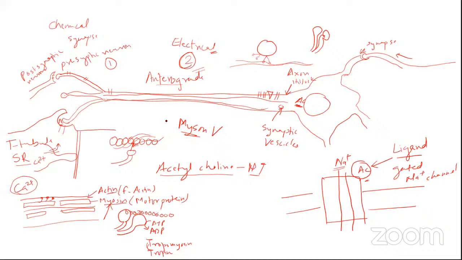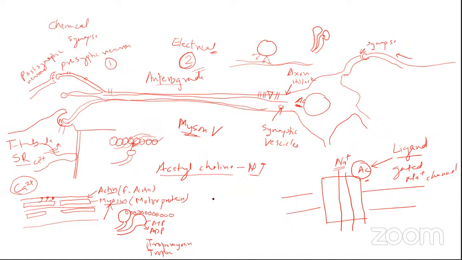So this is the way, now we have solved two questions here. This is the way that the neuronal cell synthesizes the neurotransmitter at the cell body and transports it to the end. And then it can release it at the end when the action potential arrives here.